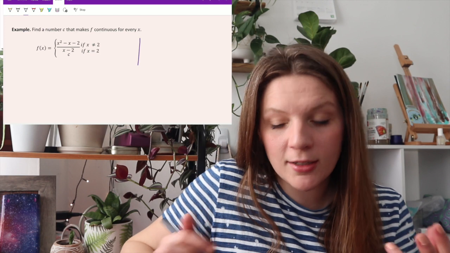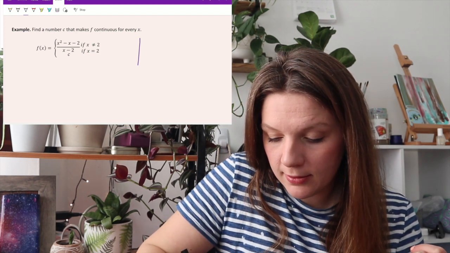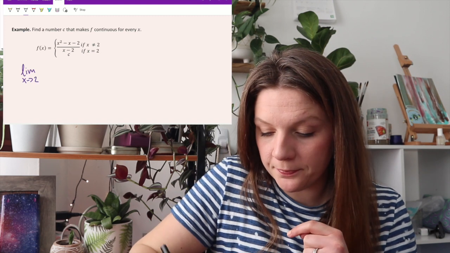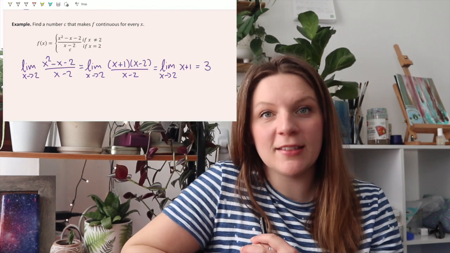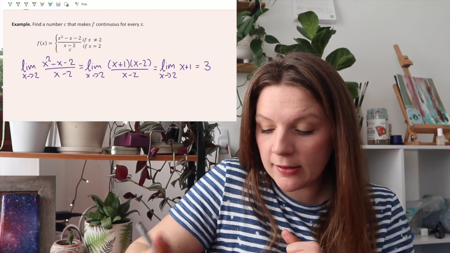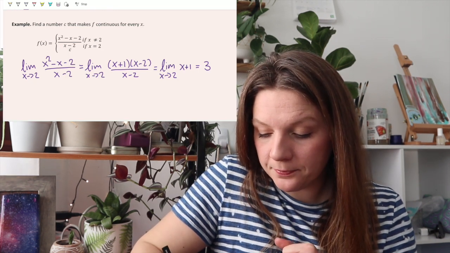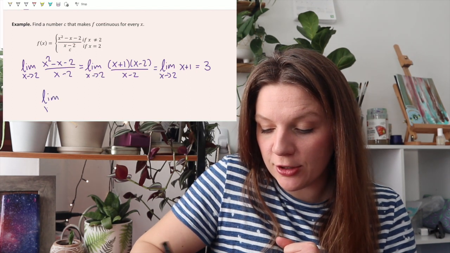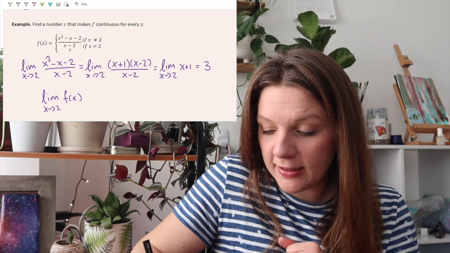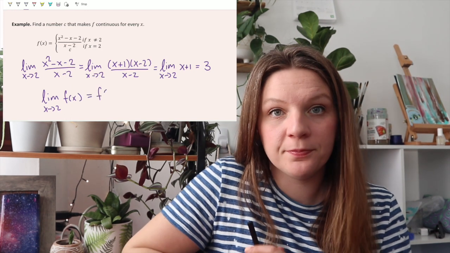So first of all, we already know the limit. The limit as x goes to 2 exists, that's important, and the limit is equal to 3. And so if this function is to be continuous, we need that the limit as x goes to 2 is equal to f at 2.